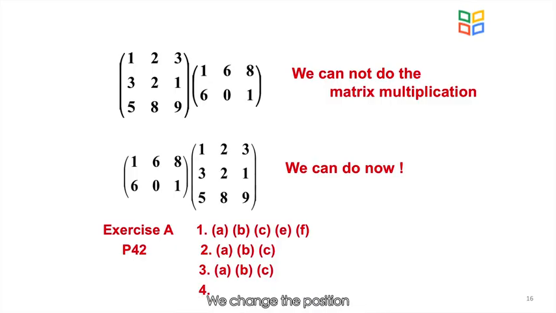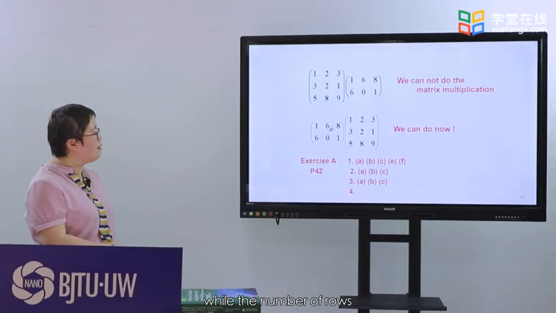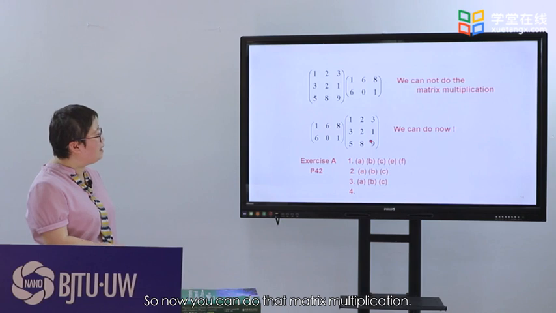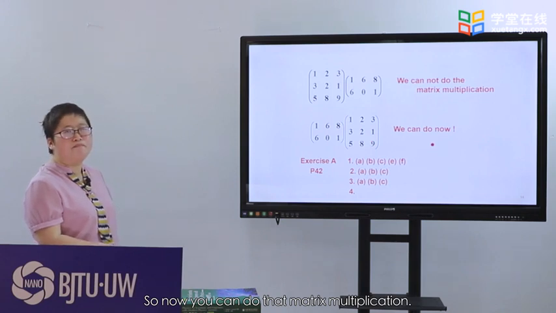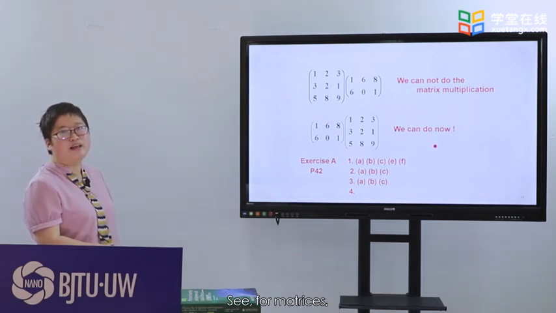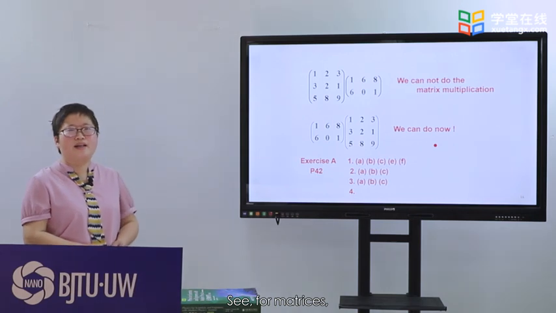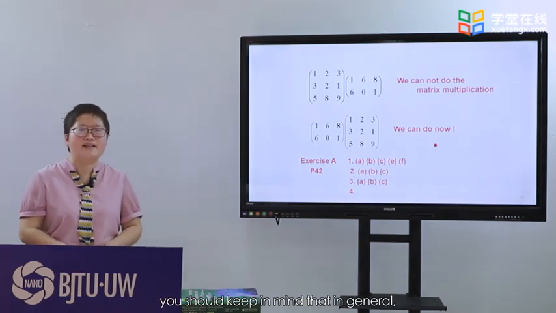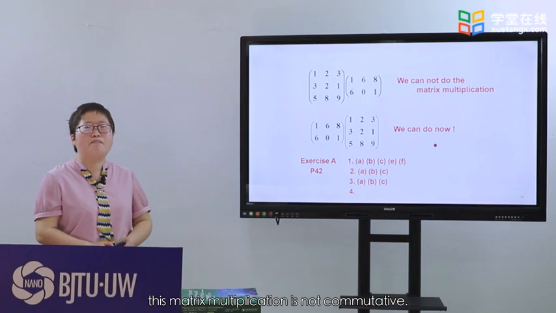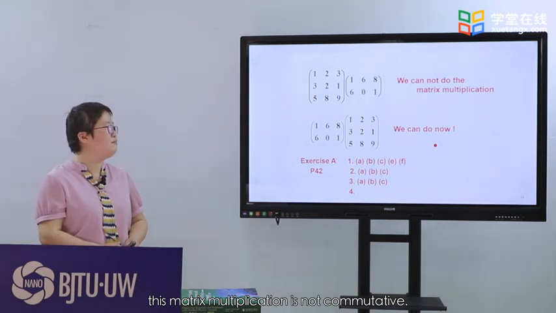We change the positions of the first and second matrices here. So we get this one times this one. Now the number of columns of the first matrix is 3, and the number of rows of the second matrix is also 3, so now you can do the matrix multiplication. See? For matrices, you should keep in mind that in general matrix multiplication is not commutative.